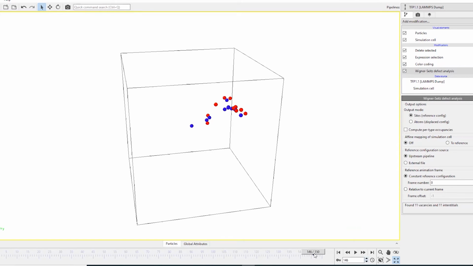Any doubt on Ovito for the defect analysis? Are you using Ovito for any visualization and analysis? Any student using Ovito? Hello.